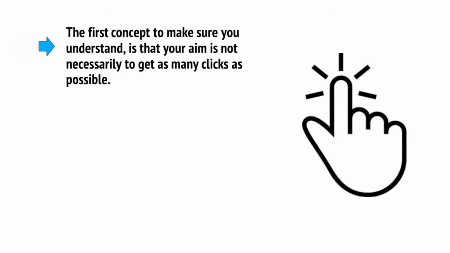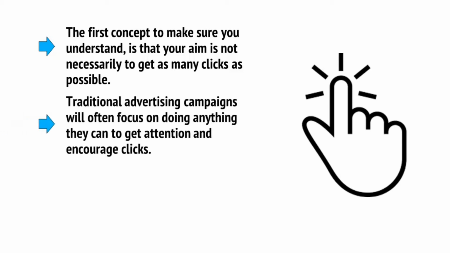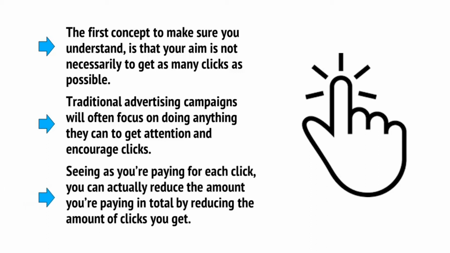The first concept to make sure you understand is that your aim is not necessarily to get as many clicks as possible. Traditional advertising campaigns will often focus on doing anything they can to get attention and to encourage clicks. But seeing as you're going to have to pay for each click, you can actually reduce the amount you're paying in total by reducing the amount of clicks you get.